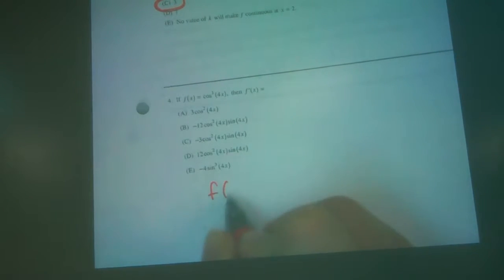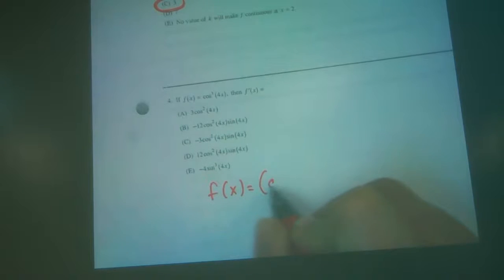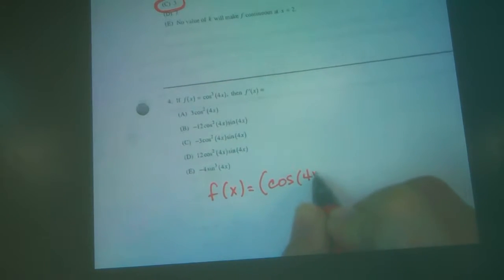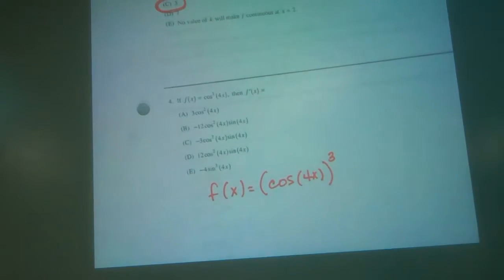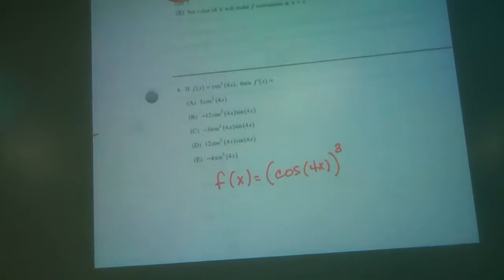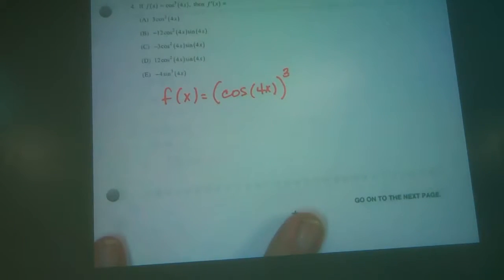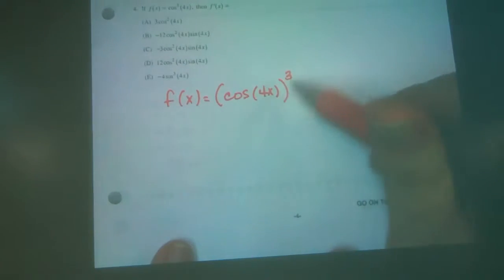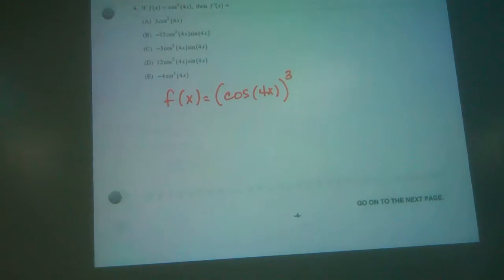Alright, number 4. Number 4, I'm going to rewrite this like this. This one's actually a little messy just because it's a double chain rule. This cosine cubed means that the whole thing is cubed. The cosine of 4x is cubed.